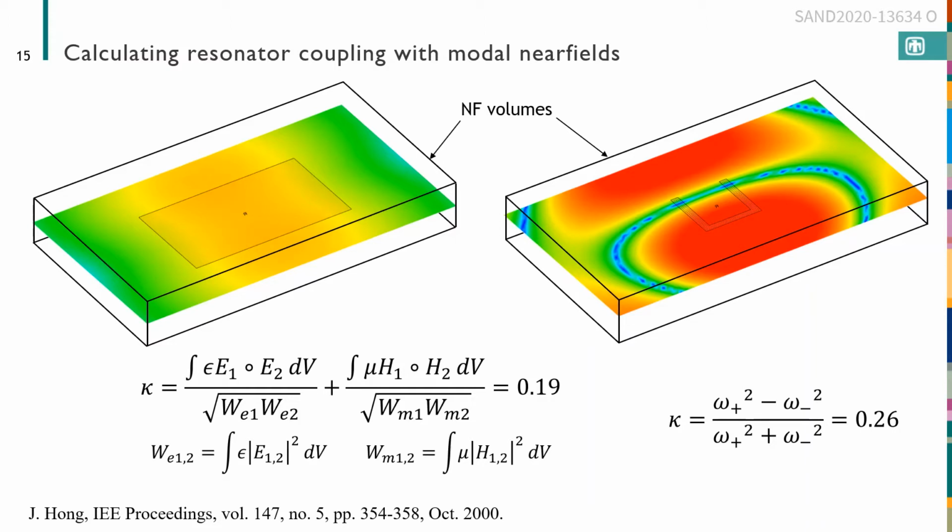And when you do that, you get kappa equals 0.19. And if we go back to, again, that coupled mode theory formula for the coupling coefficient, we get 0.26. And those two numbers are relatively close to each other. And so, again, that's just showing that coupled mode theory makes sense for this geometry from more than one angle.